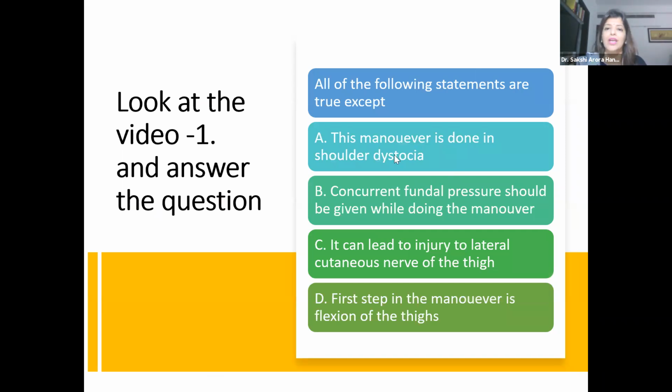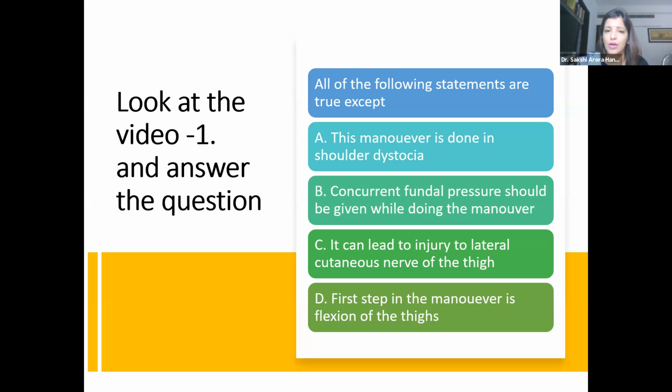Very right. So all of the following statements are true except: option A, this maneuver is done in shoulder dystocia. Yes. Option B, concurrent fundal pressure should be given while doing this maneuver. Option C, it can lead to injury to the lateral cutaneous nerve of the thigh. Yes.